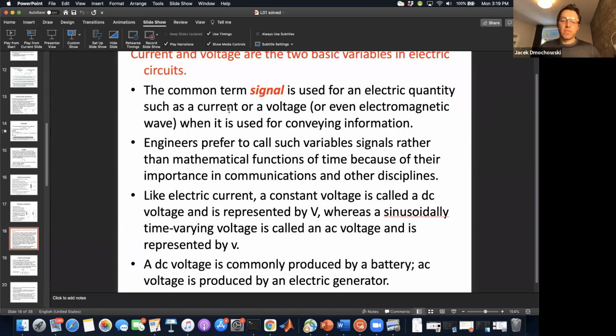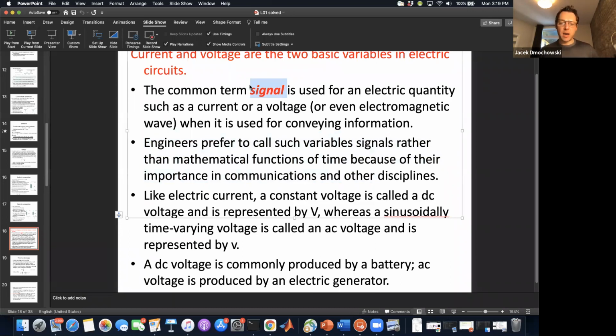And the reason electric circuits are used for communication is because of how quickly they can be manipulated. And so we often use the term signal to refer to both current and voltage, right? So both of them are really a signal.